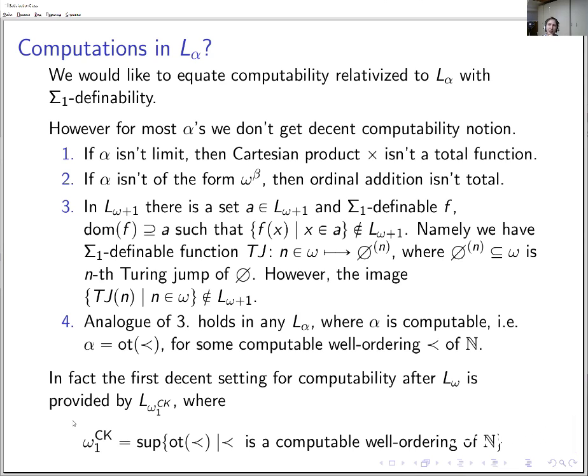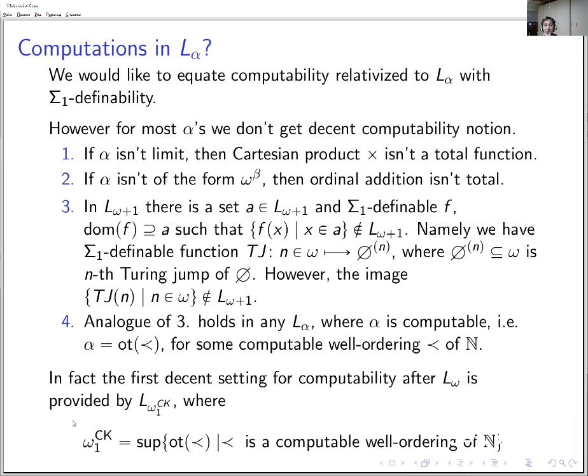I think the larger restriction is something like this. Suppose we have some set A and a sigma 1 definable function. The idea is that sigma 1 definable functions should be analogs of computable functions.